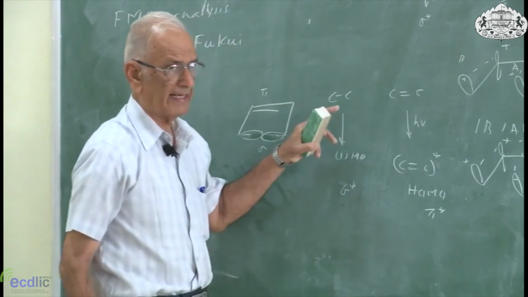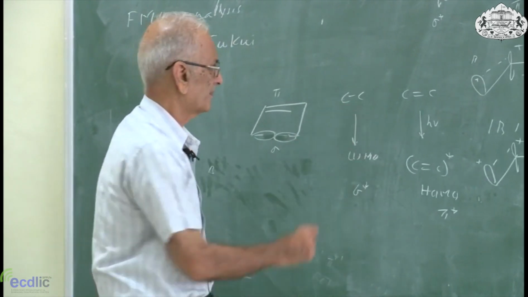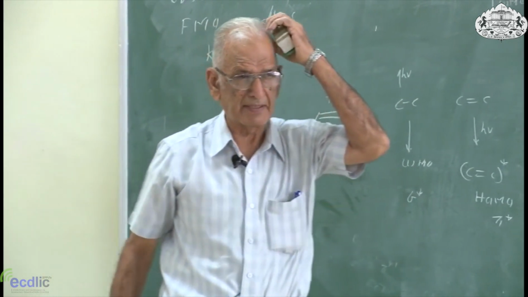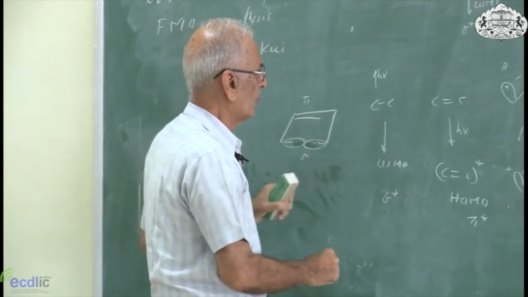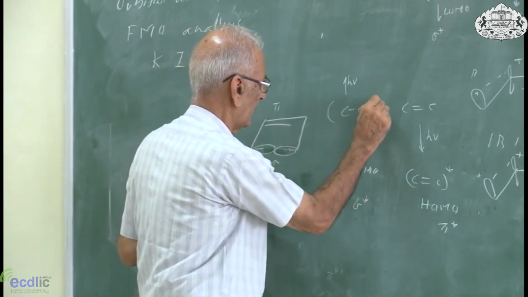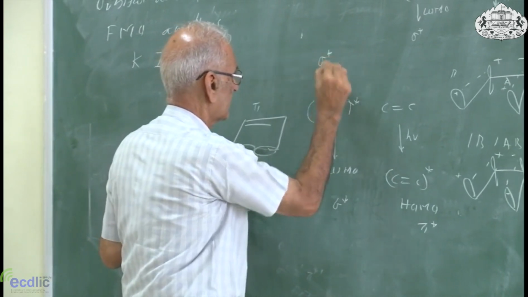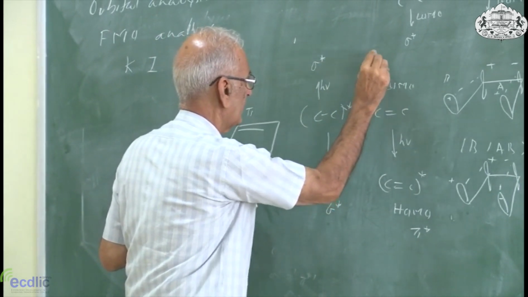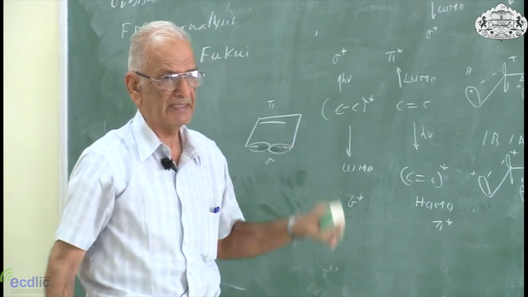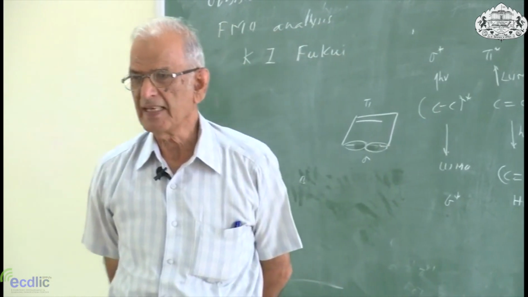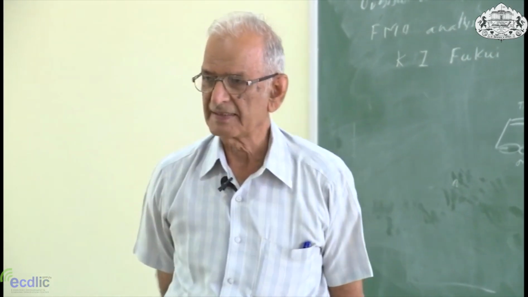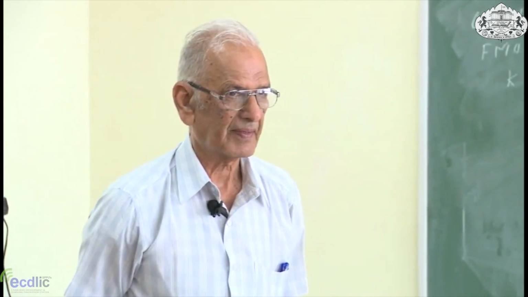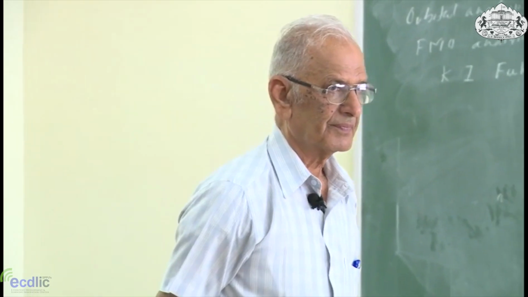Somebody would say that let us excite this. Okay. So excite the carbon-carbon single bond. What is the HOMO of the excited carbon-carbon single bond? Sigma star. And LUMO of this, that's going to be pi star. So whatever happens, picture will be sigma star and pi star.